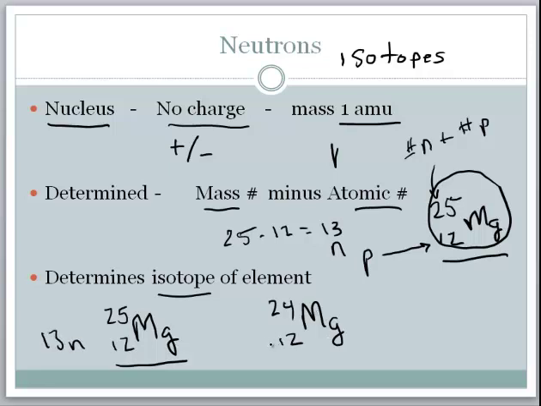This isotope would have 12 protons, 12 neutrons. 24 minus 12 is 12. 25 minus 12 is 13. So when you're trying to determine how many protons are present and neutrons are present, you're simply looking at the mass numbers and the atomic numbers.